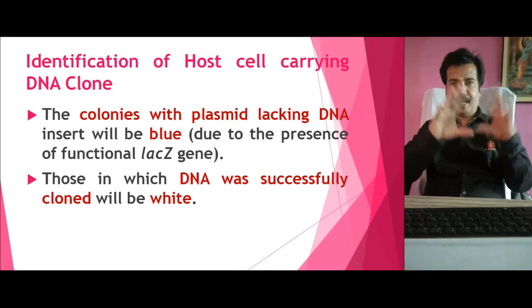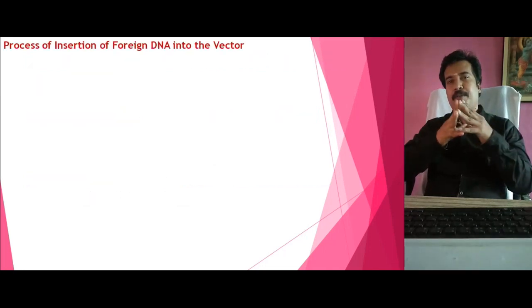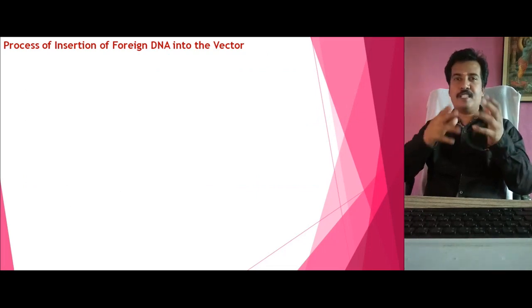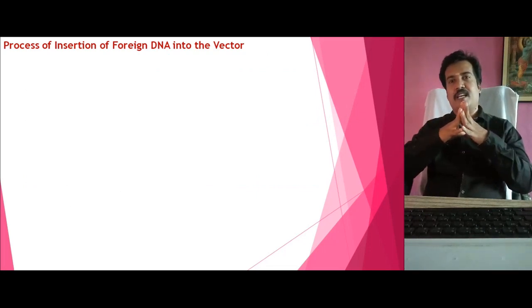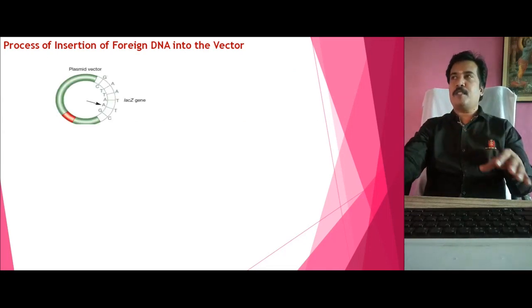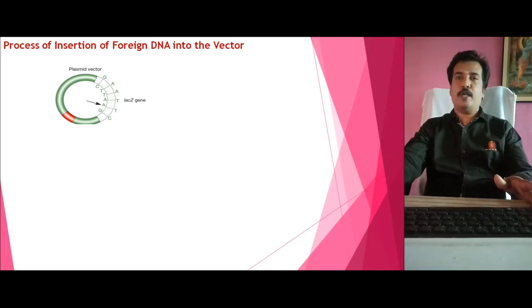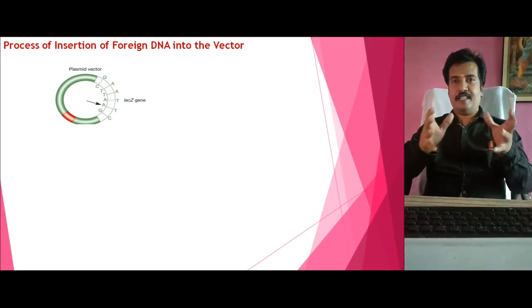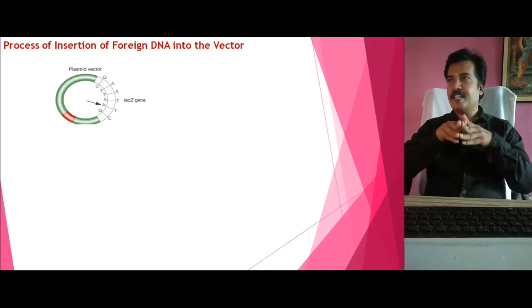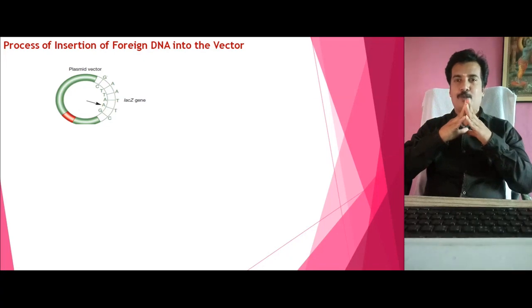So I can summarize all those things by simply showing you an illustrative example of a process of insertion of a pUC19 vector, the cloned vector, into a host cell and its identification. So you can see the process of insertion of foreign DNA into a pUC19 vector occurs like this. We have taken a plasmid vector, especially pUC19, that carries a lacZ gene where the multiple cloning site is.